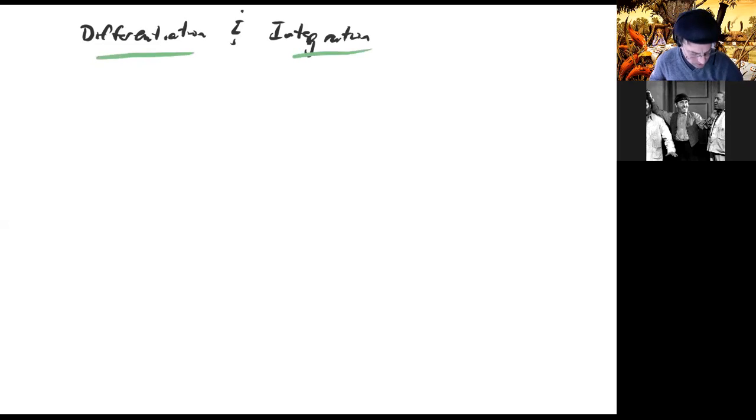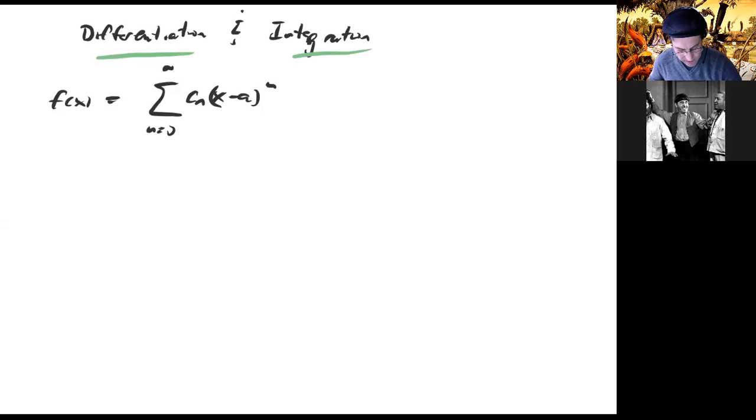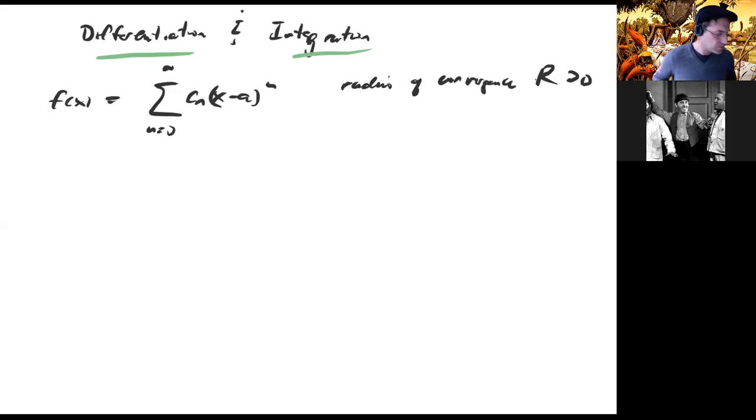Suppose f of x is a function expressed as a power series, say the sum as n goes from 0 to infinity of Cn times (x minus a) to the n, with radius of convergence R strictly bigger than 0.